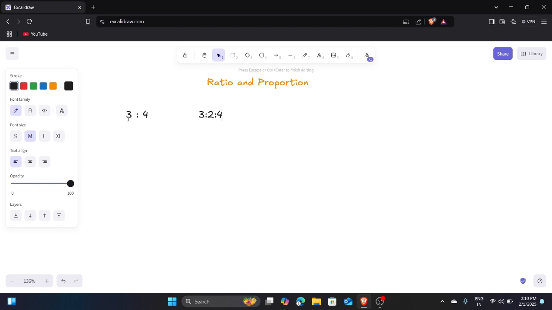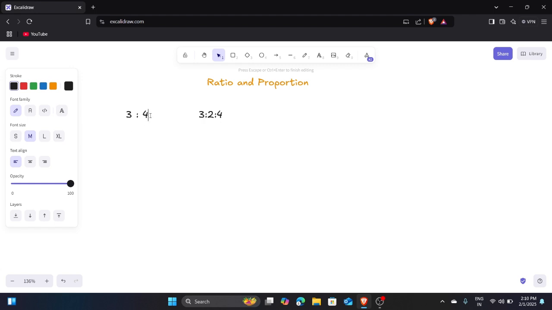What can this mean? Suppose you and your friends are getting some numbers in your exam, and those numbers are in ratio 3:4.